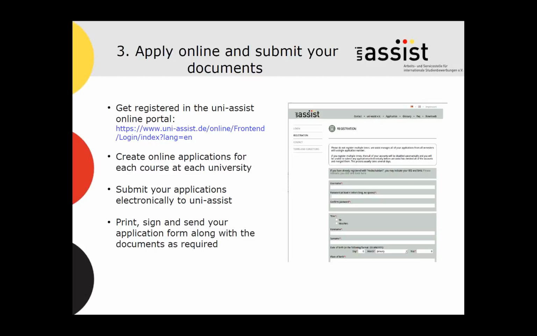First, get registered in the Uni-assist online portal at our website, which you can see here on the right-hand side. Create online applications for each course at each university you want to apply to. Submit your applications electronically to Uni-assist before you print, sign, and send your application form along with the documents as required.